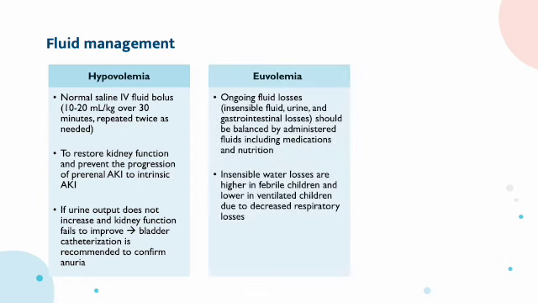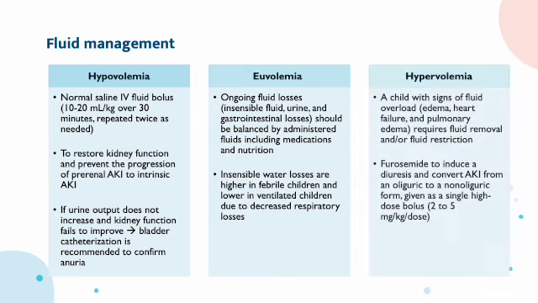In euvolemia, ongoing fluid losses should be balanced by the administered fluid, including medications and nutrition. On the other hand, patients with hypervolemia and signs of fluid overload like edema, heart failure, or pulmonary edema may require fluid removal and/or fluid restriction.